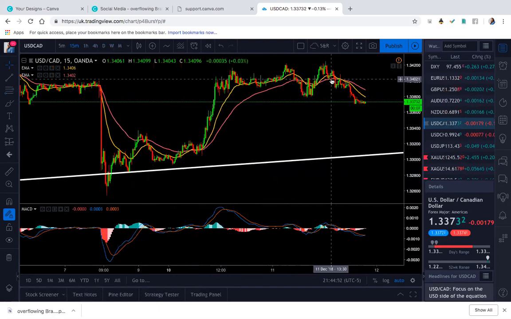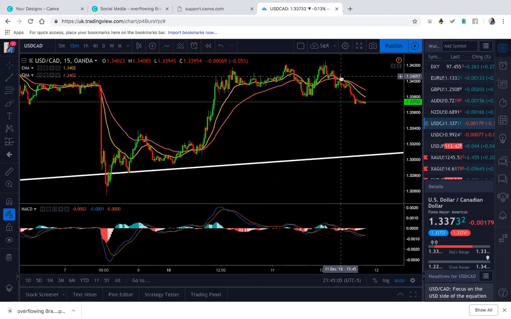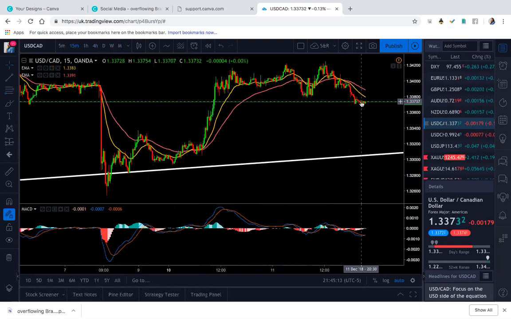In that first flag, the MACD crossed. So you had your first confirmation, MACD cross for the sell. You had a flag, right? Continuation, flag, moving averages cross. Continuation, flag, continuation.